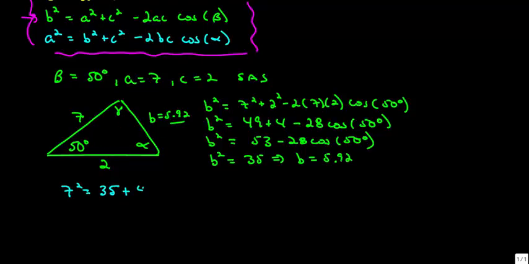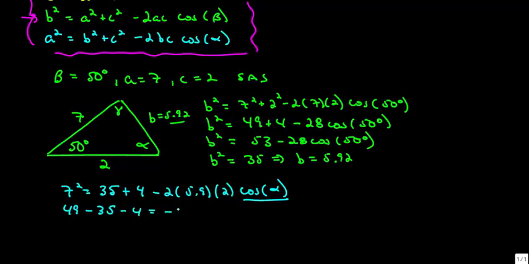C squared is 4 minus 2 times b times c times the cosine of alpha. So I need to find this one over here. So this is 49 minus 35 minus 4 is equal to negative 2 times 5.9 times 2 times the cosine of alpha.